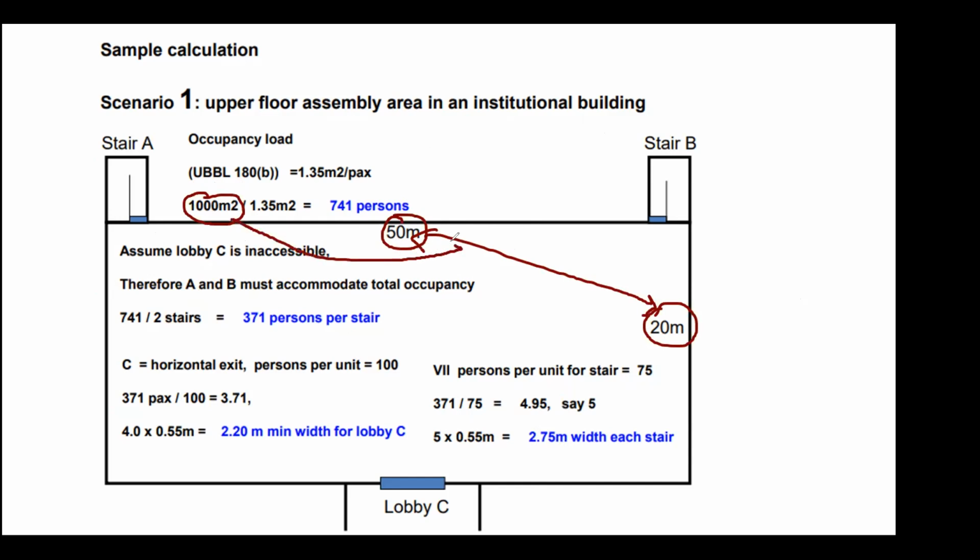You get from this one, 50 meters times 20. Don't multiply by how many stories, up to here only. Follow this one, this is how it works. Length times width only, for that area.